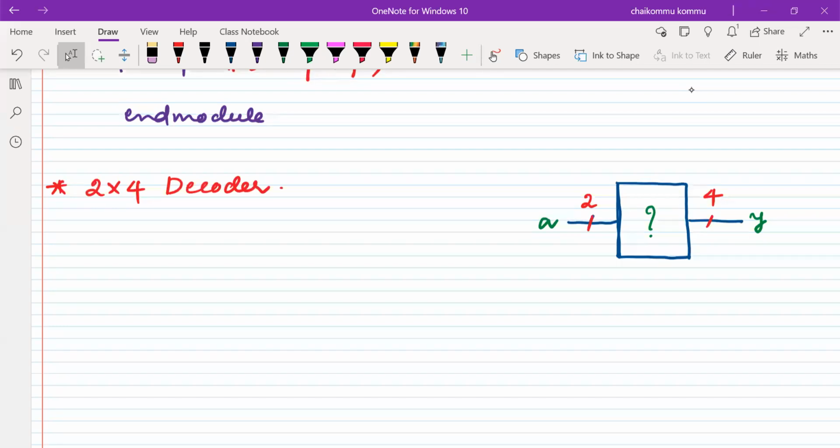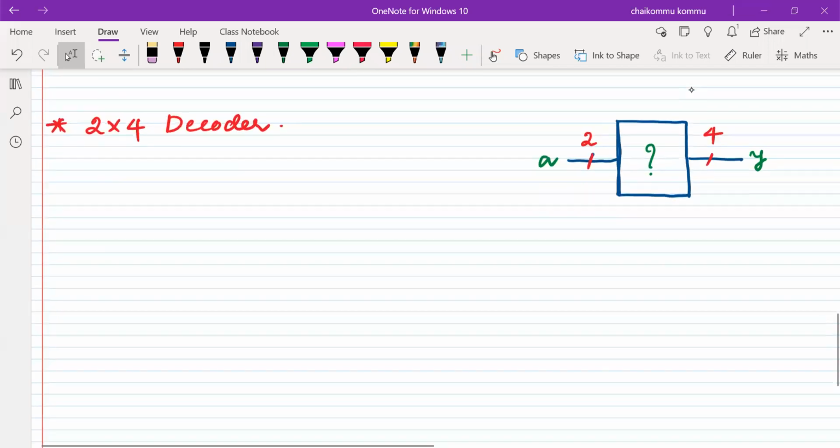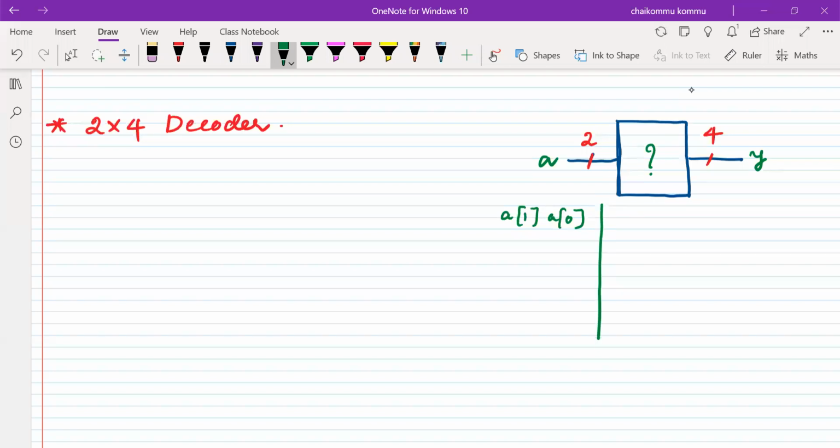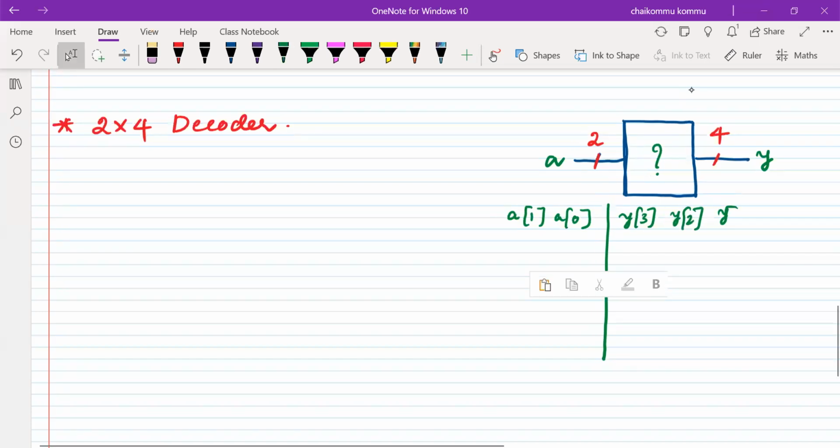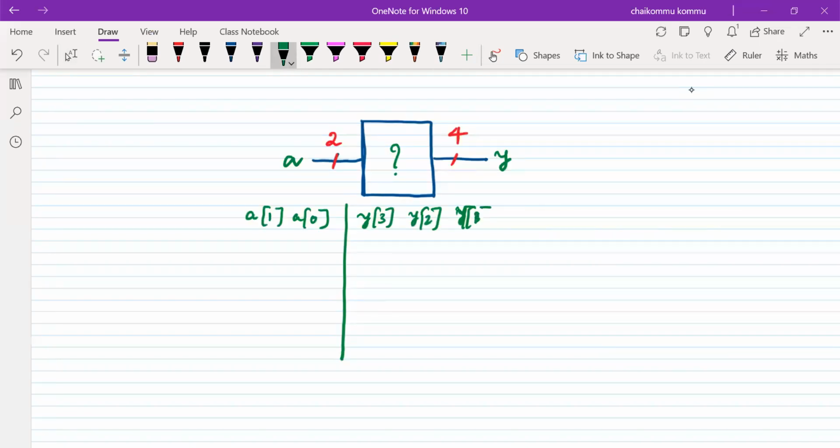In the digital logic design course we have seen how to design this 2x4 decoder. First we have to take the truth table. A in vector notation is A of 1 and A of 0, and Y is Y of 3, Y of 2, Y of 1, and Y of 0. What is the functionality?